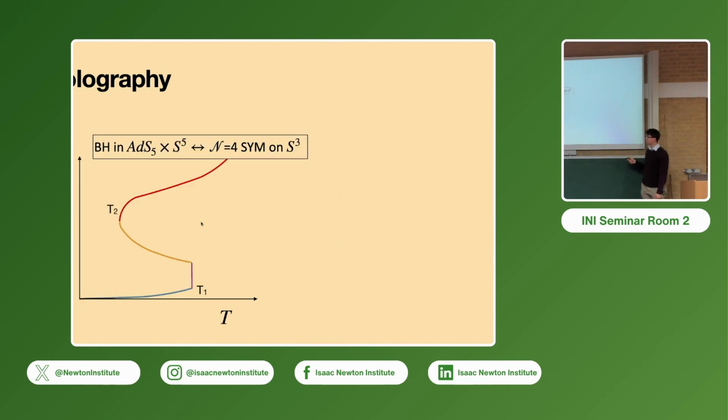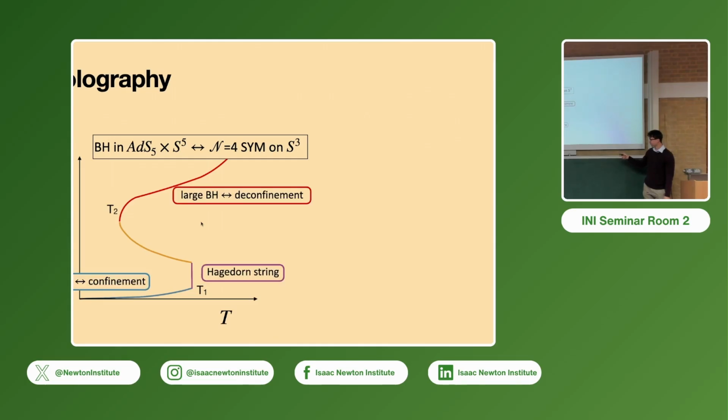So this is the application of that. This is the phase diagram for black holes in AdS5 × S5. At low temperatures and low energies, we have the string gas phase, which is well understood and dual to the confined phase.